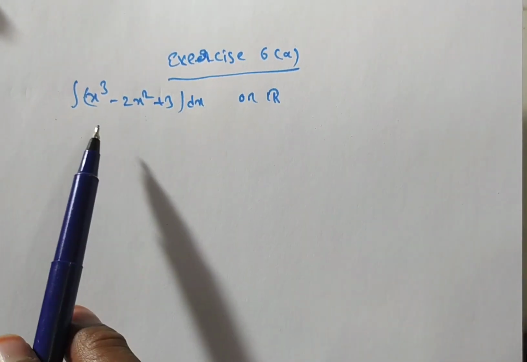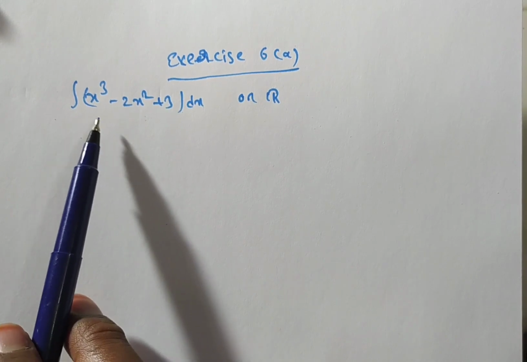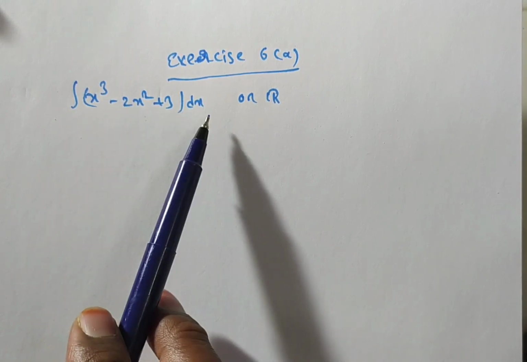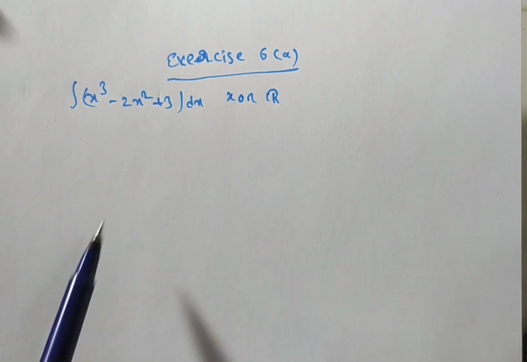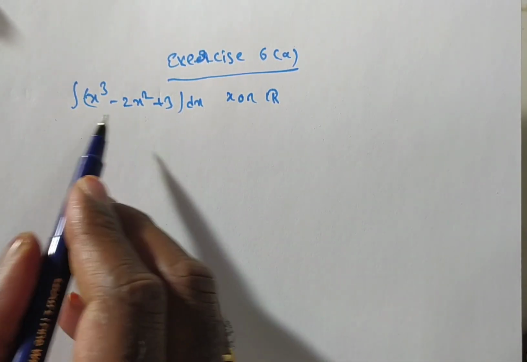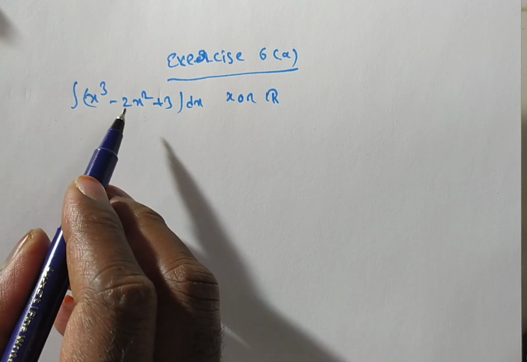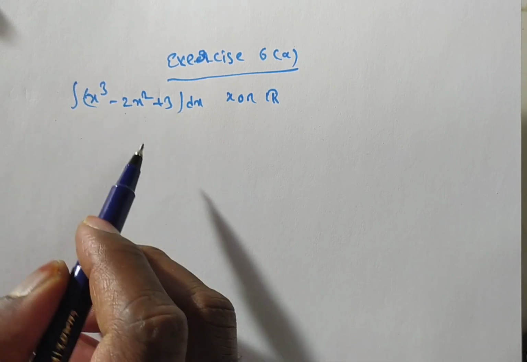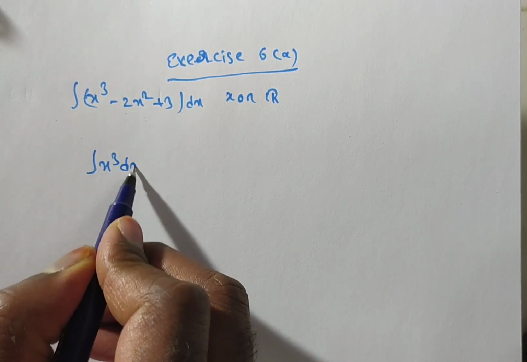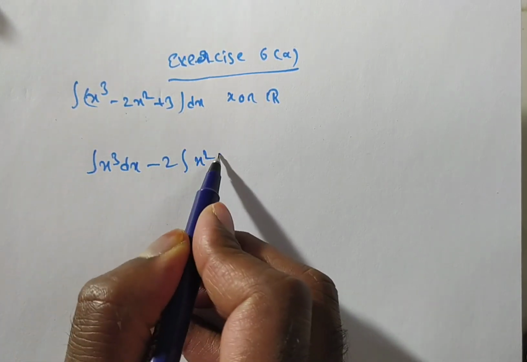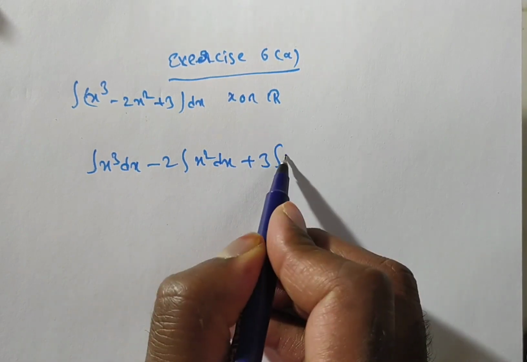Exercise 6a problem, that is integral of x cube minus 2x square plus 3 dx, given x belongs to R. X is a real number. Now this is in the form f of x plus g of x plus h of x. So by the linearity property you can write this as integral of x cube dx minus 2 times integral x square dx plus 3 into integral 1 dx.